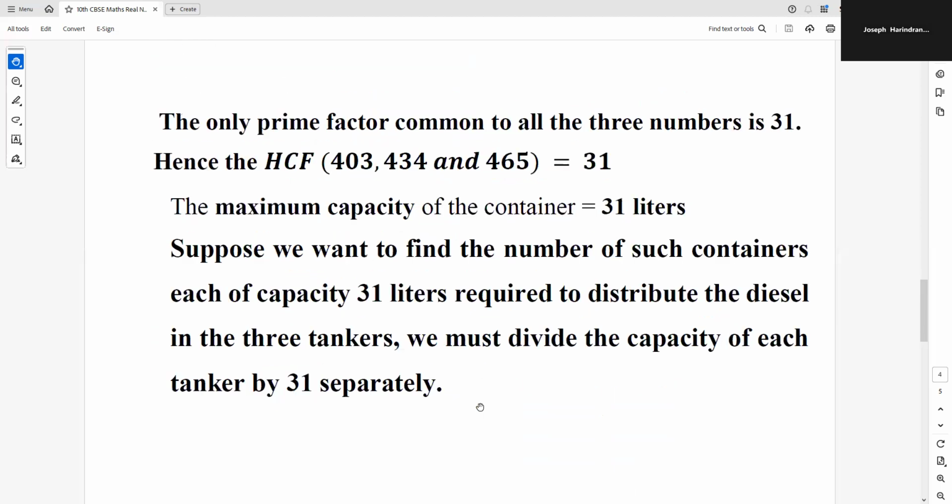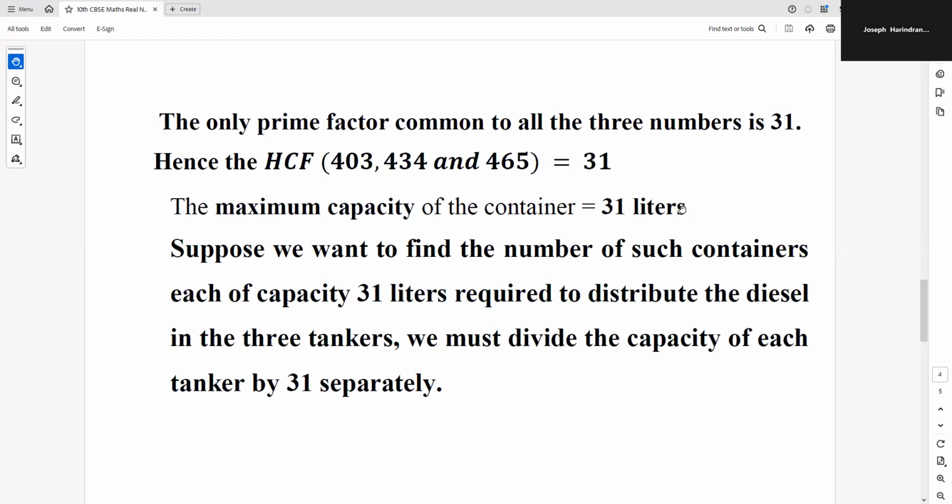The only prime factor common to all the 3 numbers is 31. Hence, the HCF of 403, 434, and 465 is equal to 31. The maximum capacity of the containers is 31 liters. We arrive at this answer.